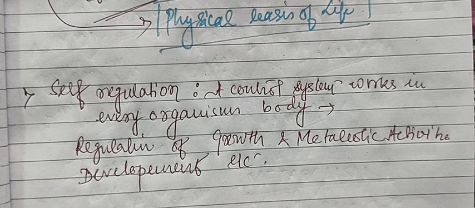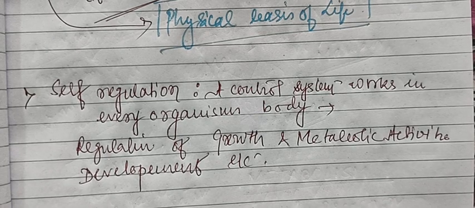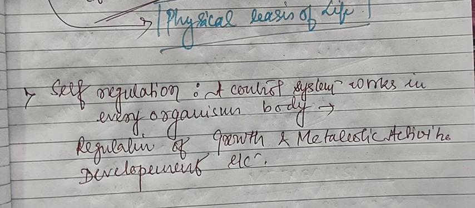So what is it? Self-regulation is one kind of control system which works in every organism's body, which helps in regulation of body functioning like growth, excretion, digestion, reproduction, development process, and different kinds of metabolic activities. Clear?